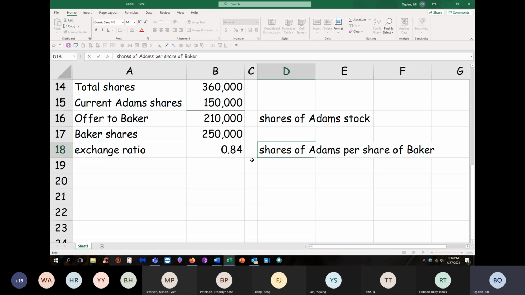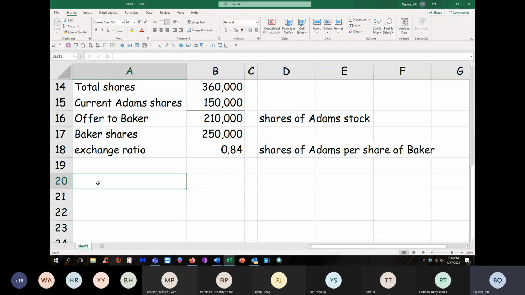They're gone. All right. Whenever you do one of these, our two questions of interest are, what are the wealth effects? How does each party's wealth change as a result of this merger? Well, I hope you can kind of see a red light for the Adams shareholders right now.